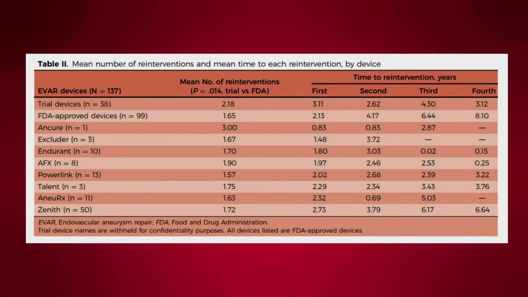Among patients requiring reintervention, the mean number of reinterventions for trial devices was significantly greater than that for FDA-approved devices at 2.18 versus 1.65. And trial devices requiring reintervention had a nearly threefold higher odds for needing more than 2 reinterventions.